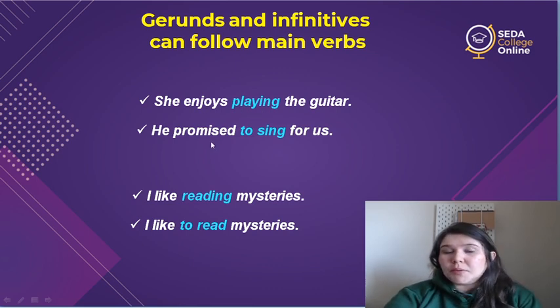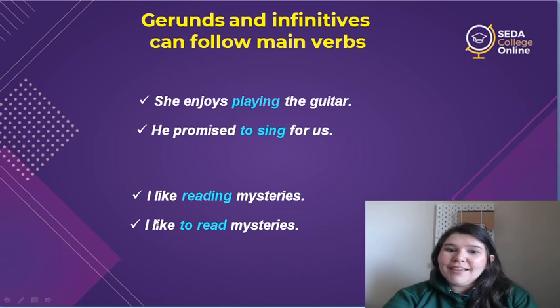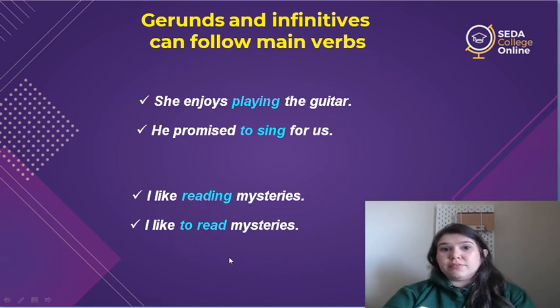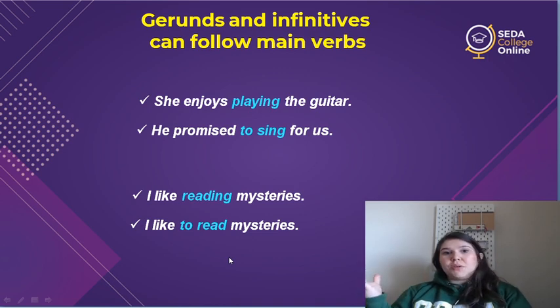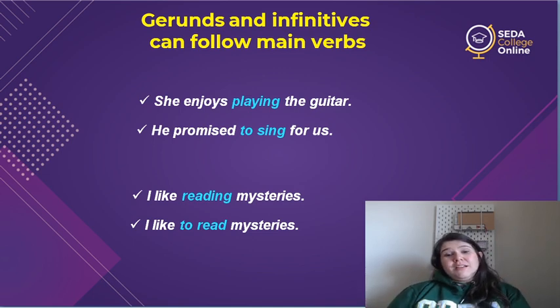Some verbs, like promise, can only be followed by infinitive. And some other verbs, like like, can be followed by both gerund and infinitive. I know, it's confusing. So the only way to do it is by memorizing which verbs go with which verb form, okay?